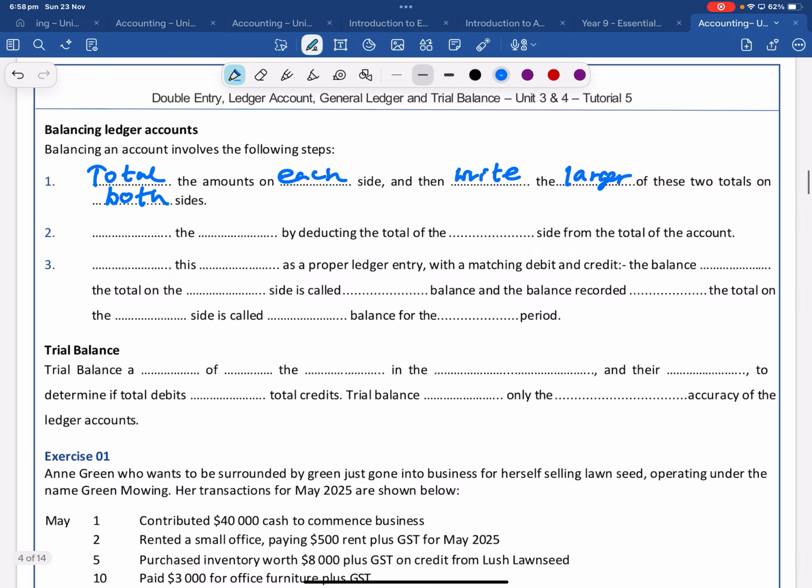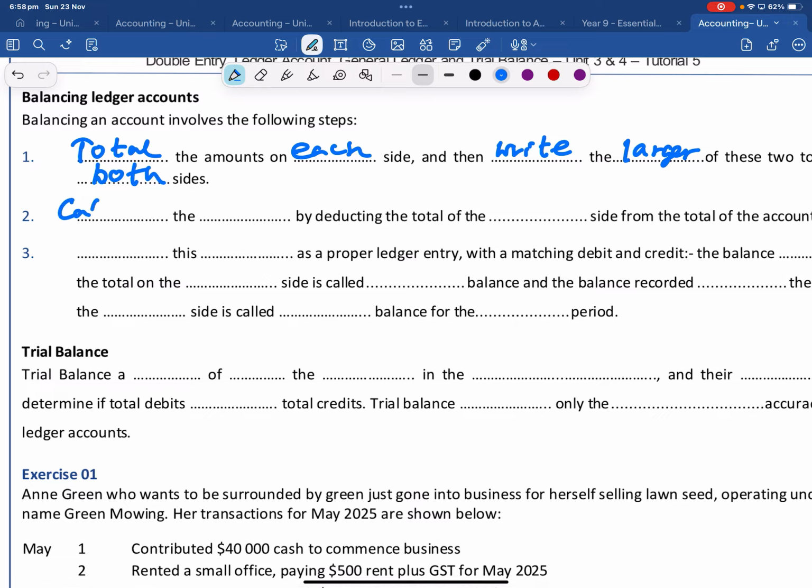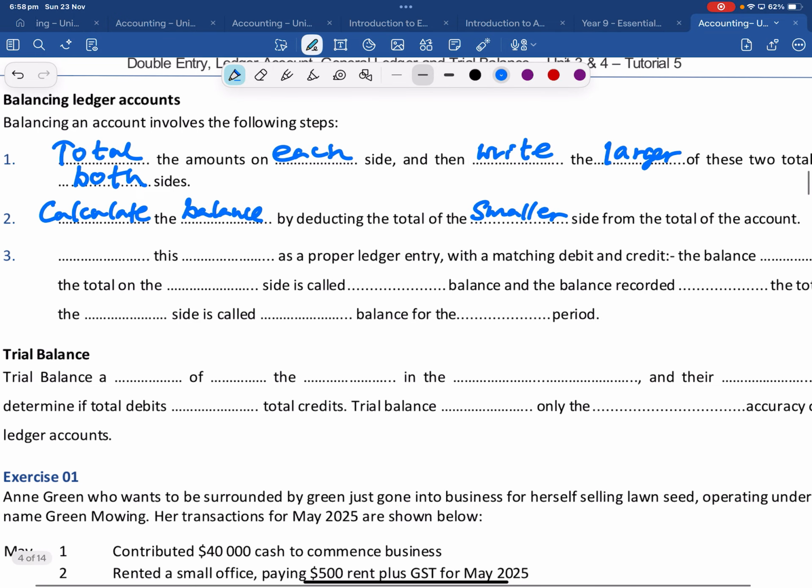Number 2, calculate the balance by deducting the total of the smaller side. Number 3, enter this balance as a proper ledger entry with matching debit and credit.